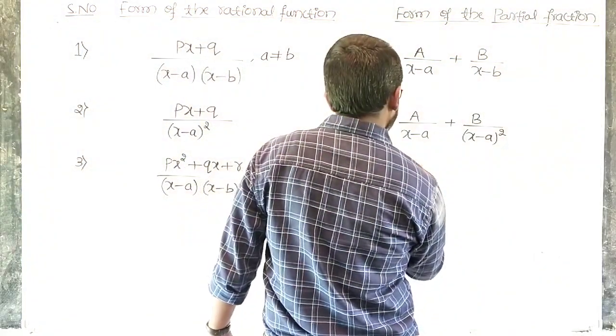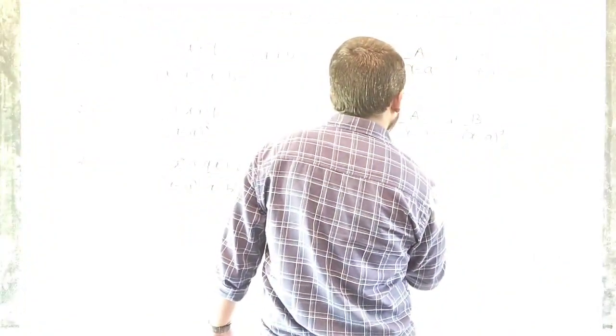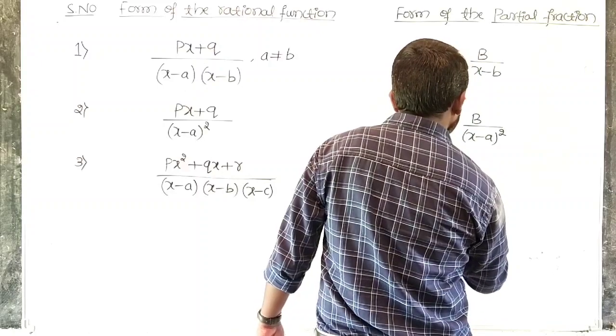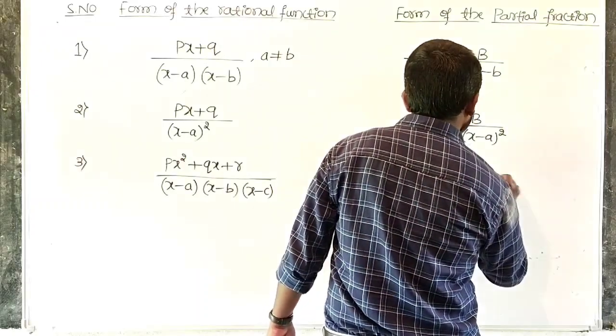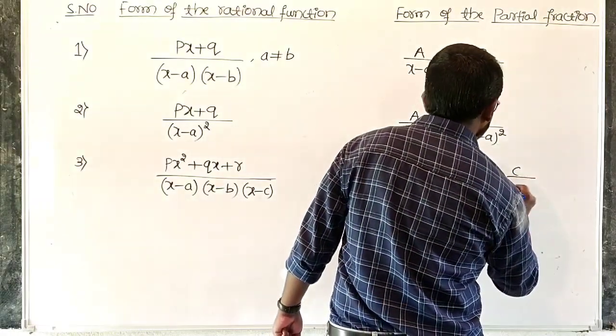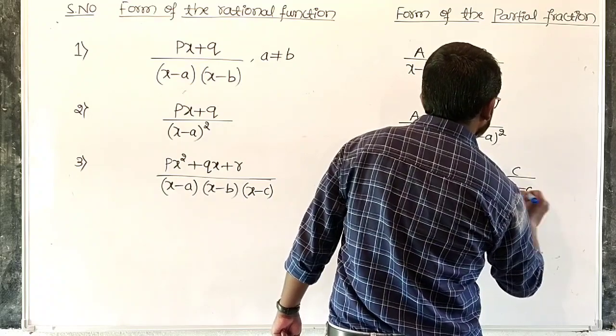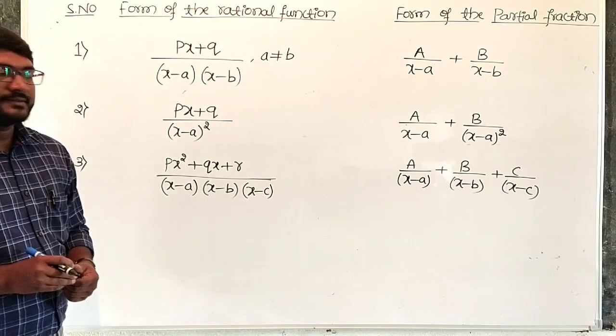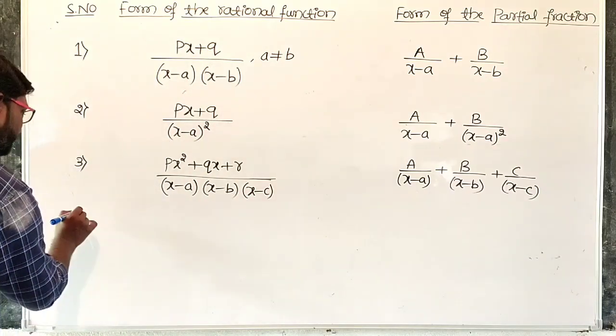So it is A divided by x minus a plus B divided by x minus b plus C divided by x minus c. So let us write the fourth one.